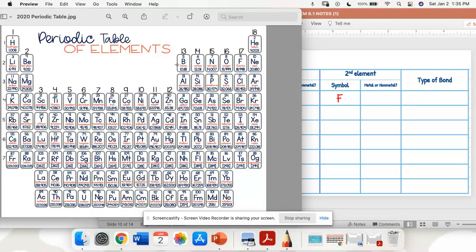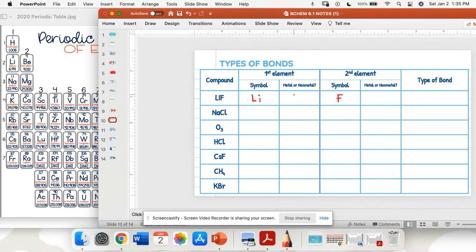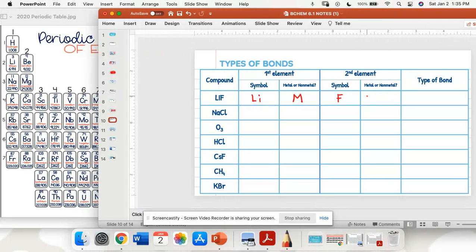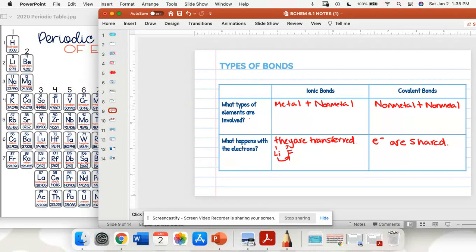So I can't draw on this specific periodic table, but remember everything to the left of that stair step is considered a metal. So I'm just going to put M, because lithium is considered a metal. Now we have to look at fluorine, or the symbol F, which is right here. This is considered a non-metal. So I'm just going to put non. So we have a metal plus a non-metal. A metal plus a non-metal is an ionic bond.